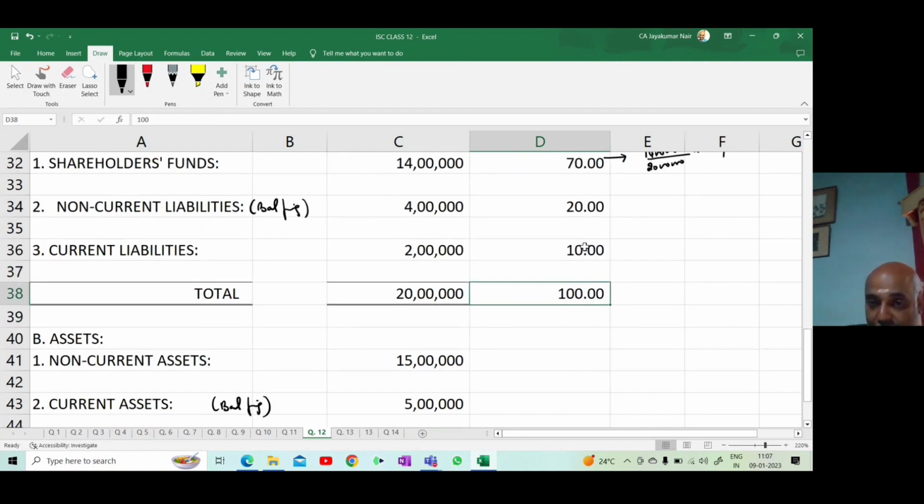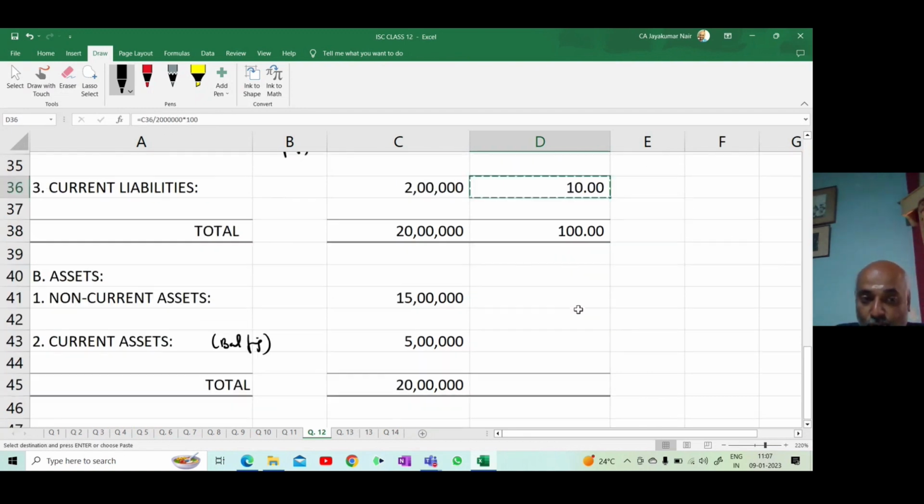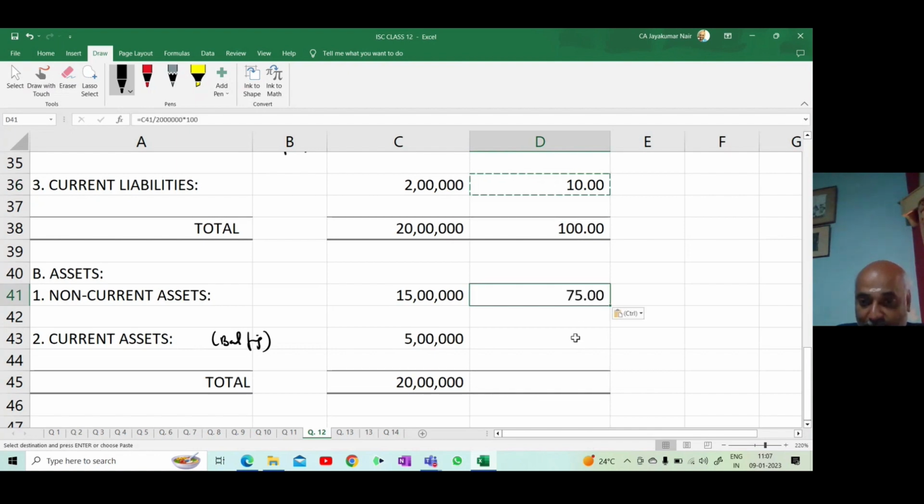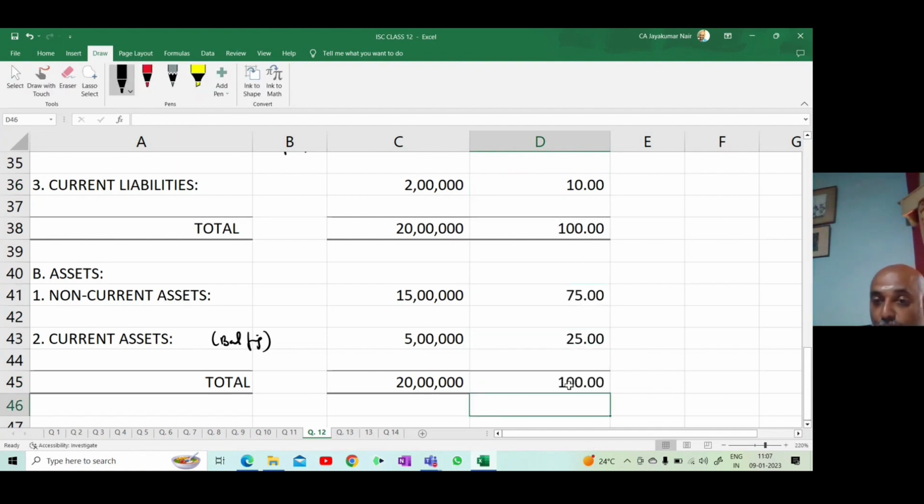In the same manner, I can find out for non-current assets and current assets. So total is 100. It is 15 lakhs divided by 20 lakhs into 100 will give me this. 5 lakhs over 20 lakhs into 100 will give me 25%. So this is the common size.